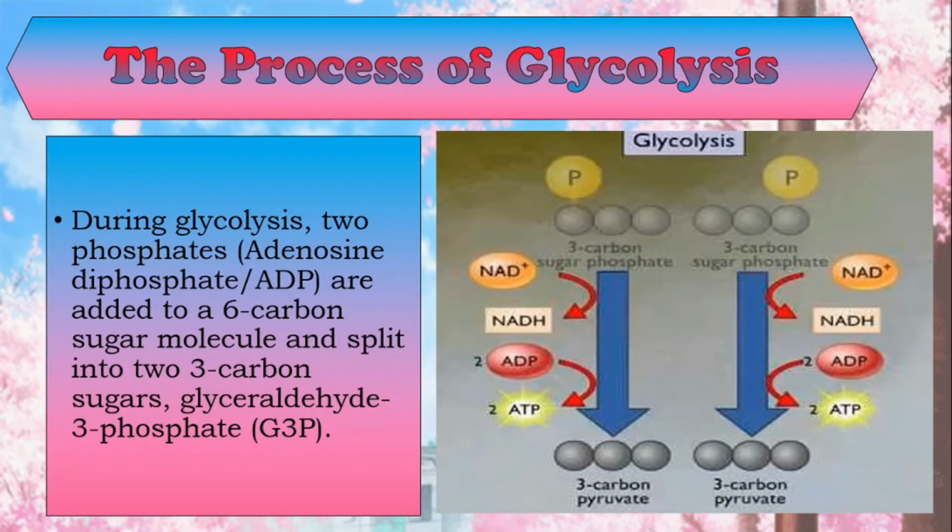During glycolysis, two phosphates in the form of ADP or adenosine diphosphate are added to a 6-carbon sugar molecule and then split into two 3-carbon sugars, which is glyceraldehyde 3-phosphate or the G3P.